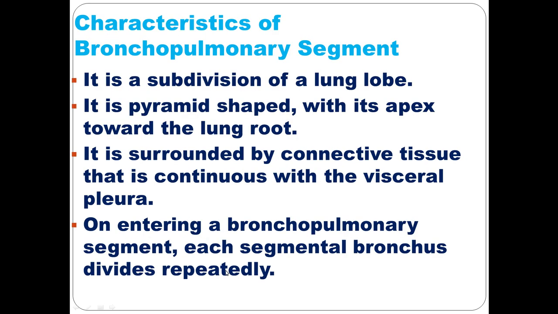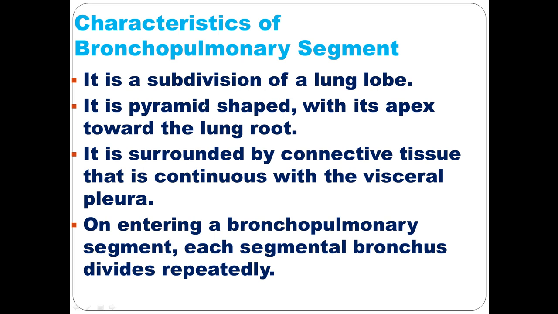What are the features of bronchopulmonary segments? It is a subdivision of a lung lobe. Lung lobes we already know: for the right lung, 3 lobes, for the left lung, 2 lobes. And the subdivisions of the lung lobes are the bronchopulmonary segments.